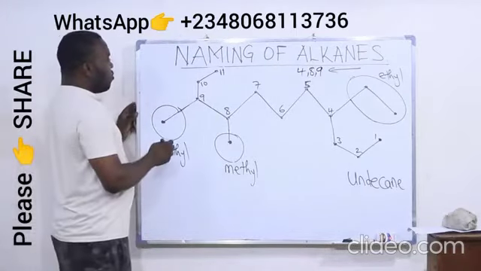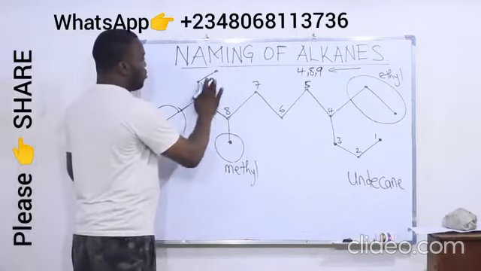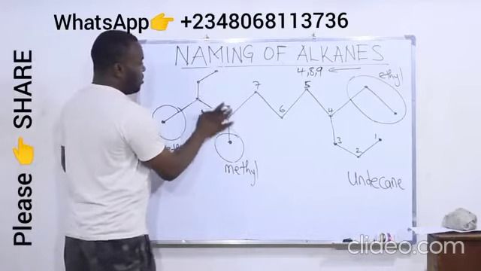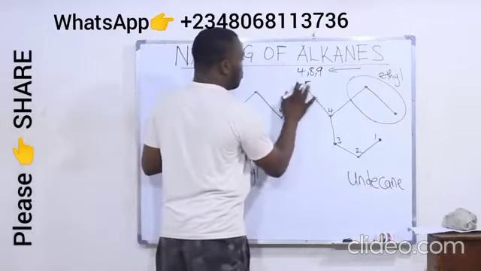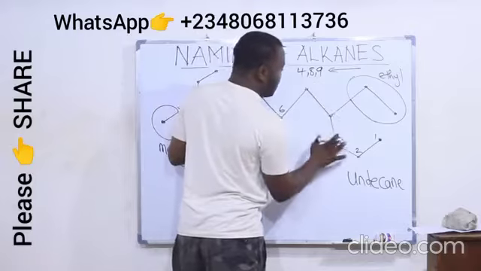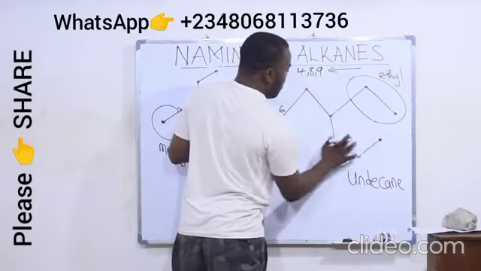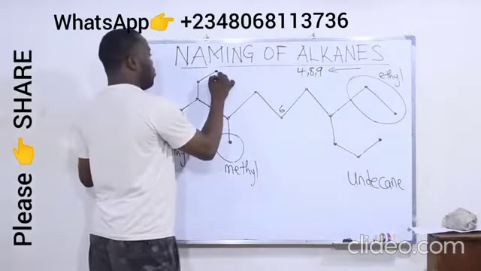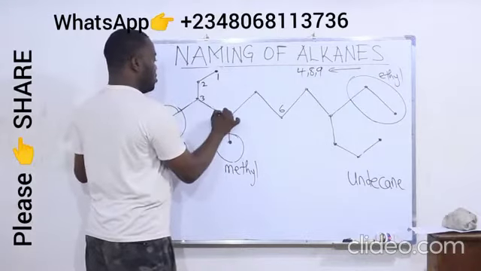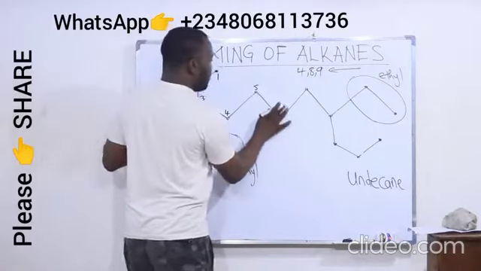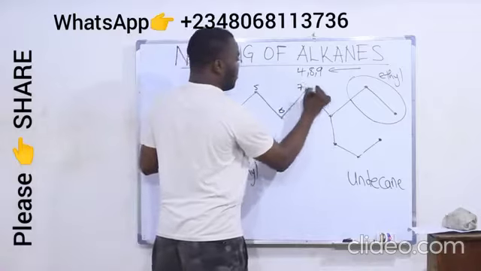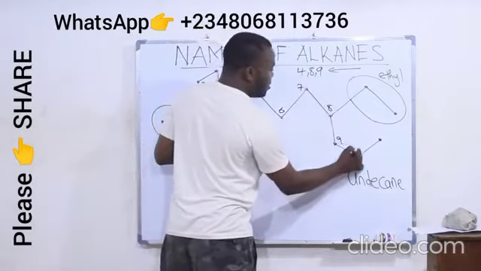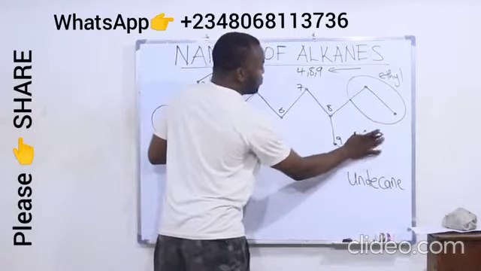489. Now, what if I number from this direction, from left to right? Because the rule says number from the side that will give the attachments a lower number. Now if I start from here, 1, 2, 3, 4, 5, 6, 7, 8, 9, 10, 11.